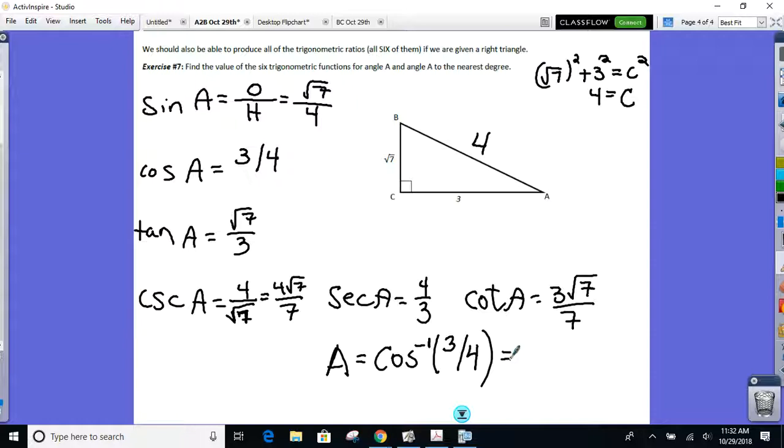What do you end up with, to the nearest degree? 40 degrees.